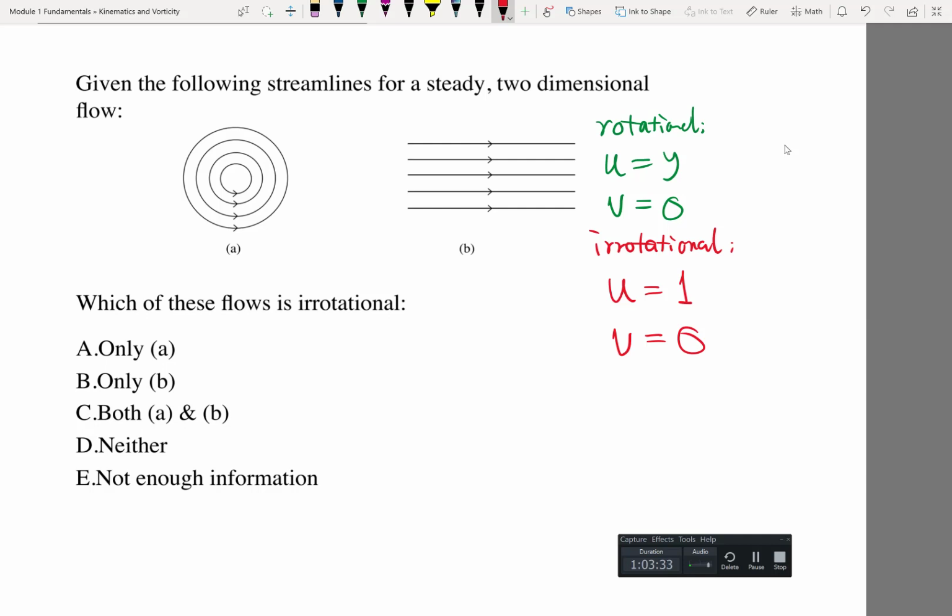Then the flow field would look like that, no? Think about it. Right here, this would be 1, 0, so the v is just 1.